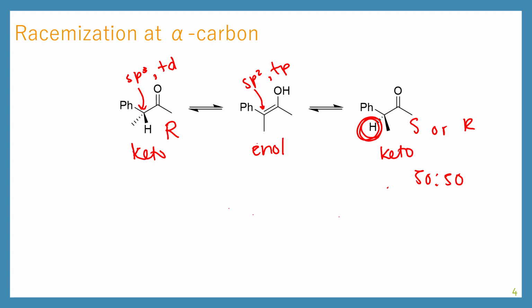And the reason ibuprofen is given to us as a racemic mixture is that it undergoes this process. It has a chiral alpha carbon that happens to have a hydrogen on it. And so when it goes into our body, which is aqueous and acidic, it goes through this process and it would turn into a 50-50 racemic mixture anyway.